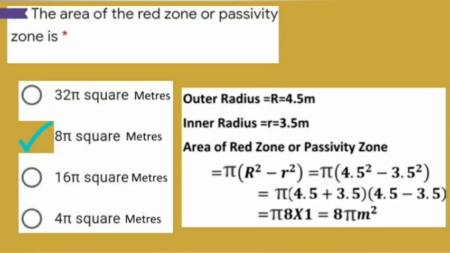Hence, the area of the red zone is the area of the ring, which is pi R square minus r square. That is pi times 4.5 square minus 3.5 square. Easily we can calculate using a square minus b square, and we have the answer as 8 pi square meters.